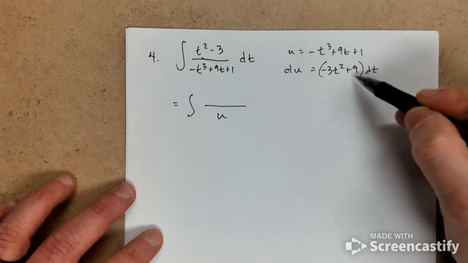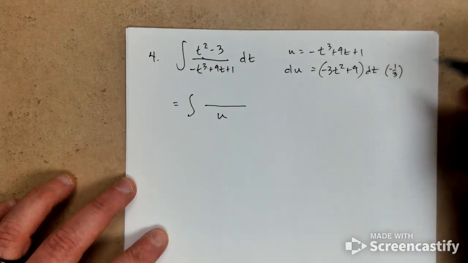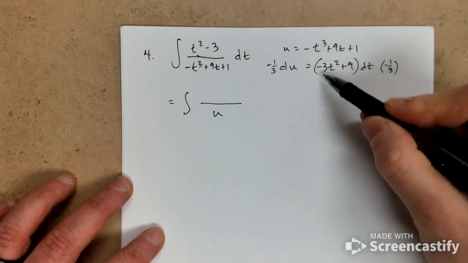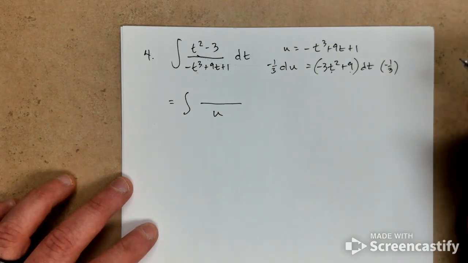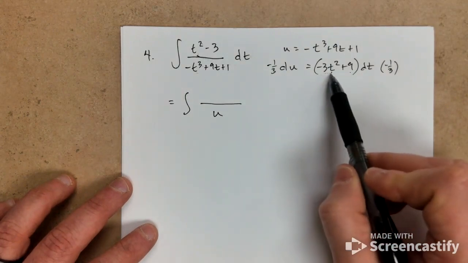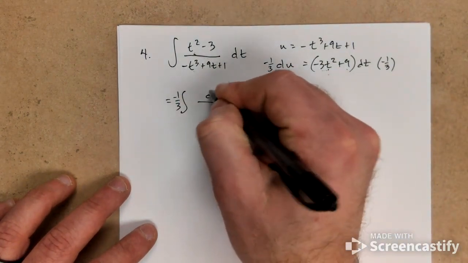Well, if I multiply by negative 1/3, that'll actually get me that. This will become the t squared, and this will become the minus 3. So I'm going to replace the t squared minus 3 dt with negative 1/3 du.